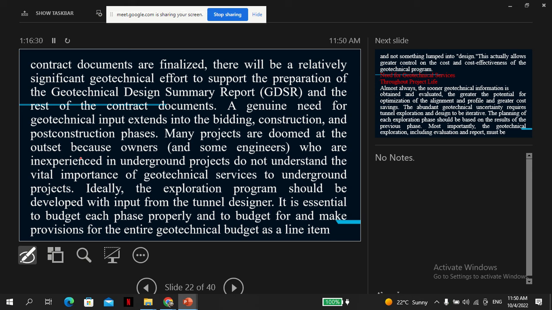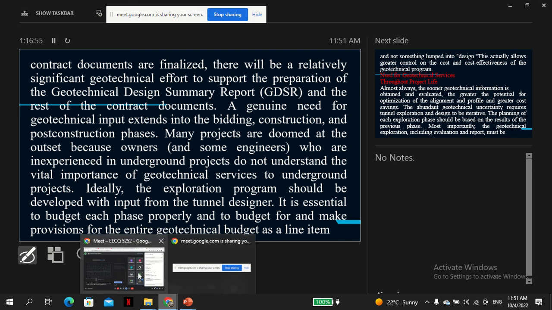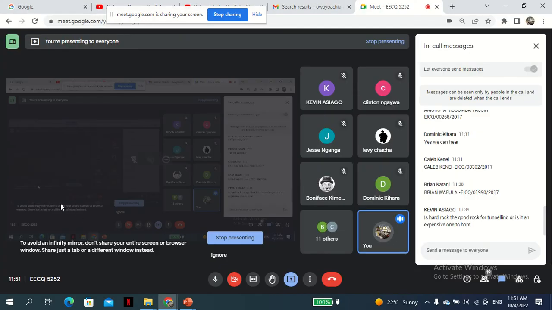The thing is people undermine geotechnical services, which are important. In Kenya, people should take notice, because you can see buildings collapse willy-nilly, and it's a big issue in this country.